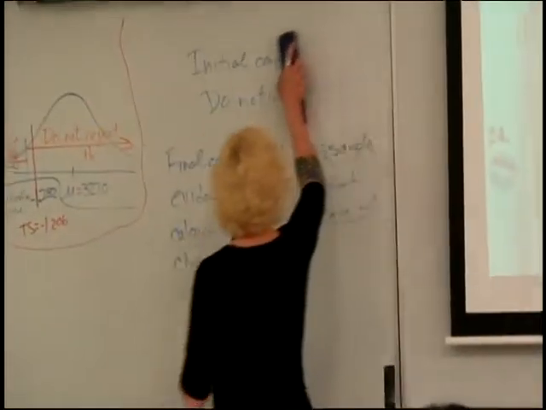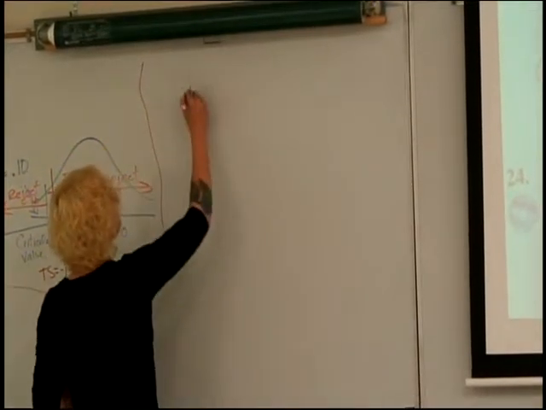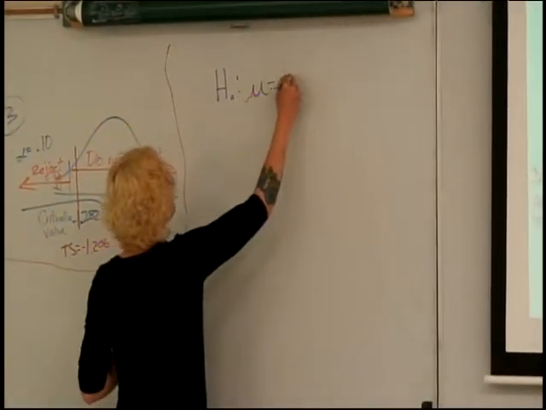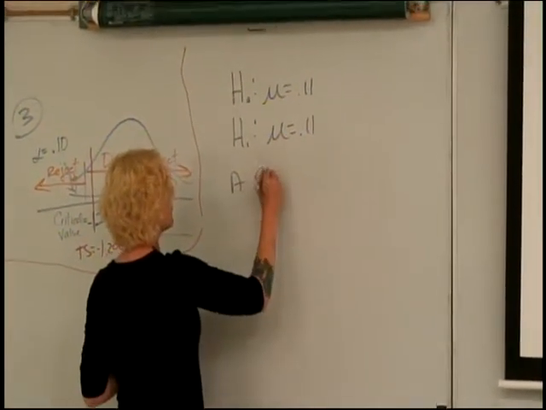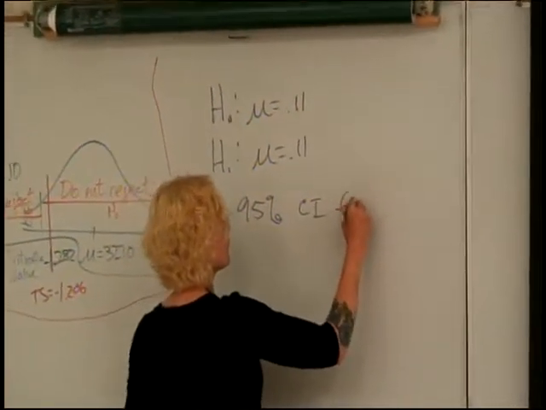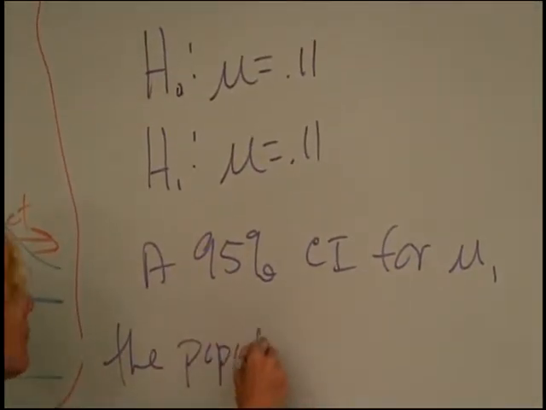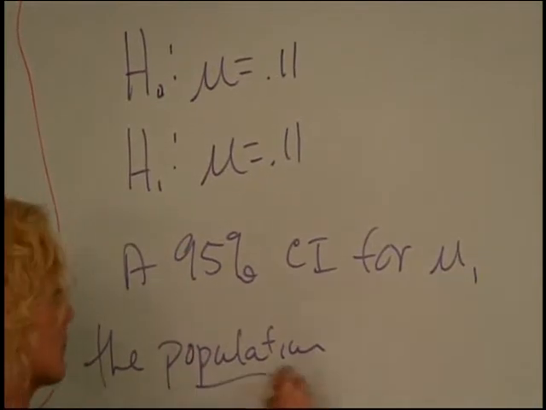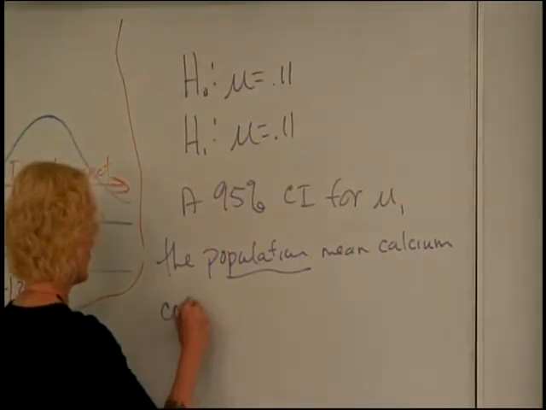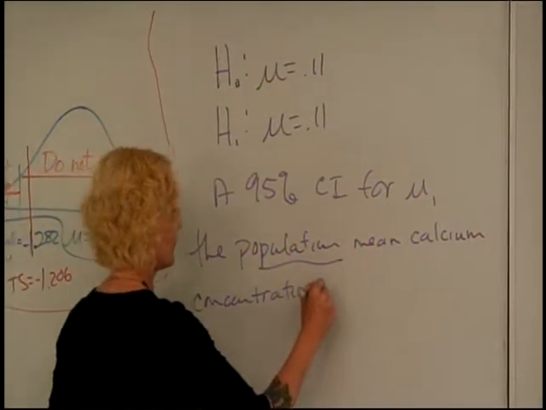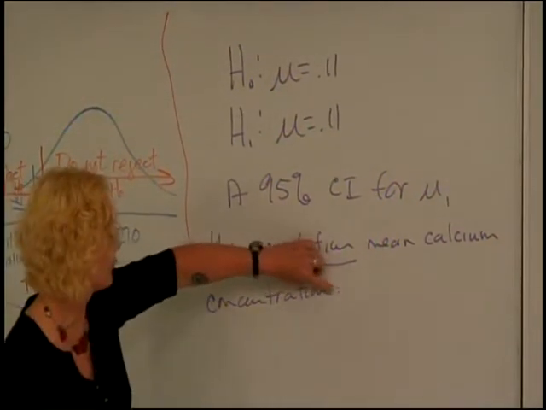Okay, hopefully everybody has this. So we're 95% confident that the population mean calcium concentration is between what two numbers?